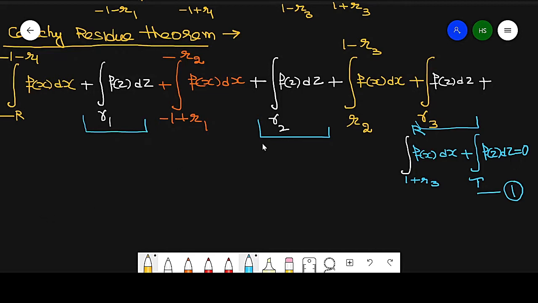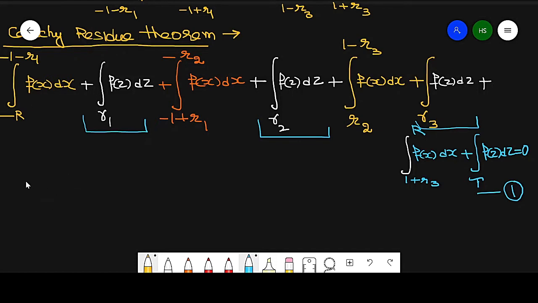That is my aim, to find the values of these. First I take the integration around gamma 1. Here the singular point is minus 1. Remember that. Here K1 can be found in this way.